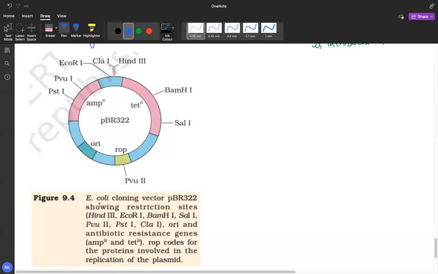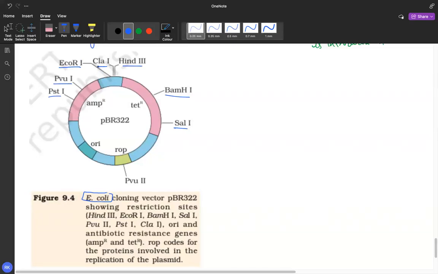It is used as a vector for E. coli. Whenever you are doing anything in E. coli, you can use this. And you can see that it is like a full package, synthesized artificially. It comes with multiple sites, like all these restriction endonucleases, BamHI, SalI, HindIII, HindII, I already told you about EcoRI, ClaI, PvuI, PstI.